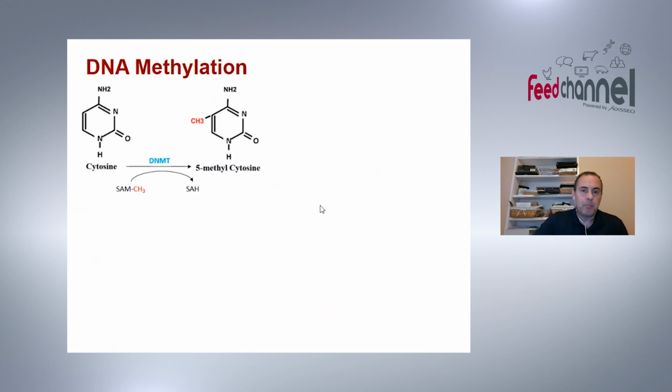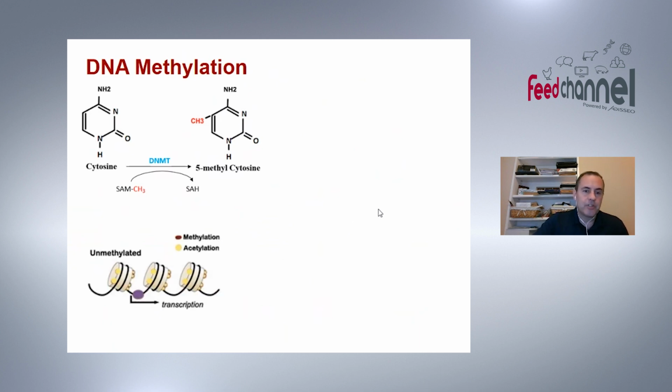So why is this important? It's because during this process of methylation of DNA, that alters how genes behave, or how the chromatin behaves. So here I have a diagram of a piece of chromatin that contains multiple genes in the chromosome of a cell.